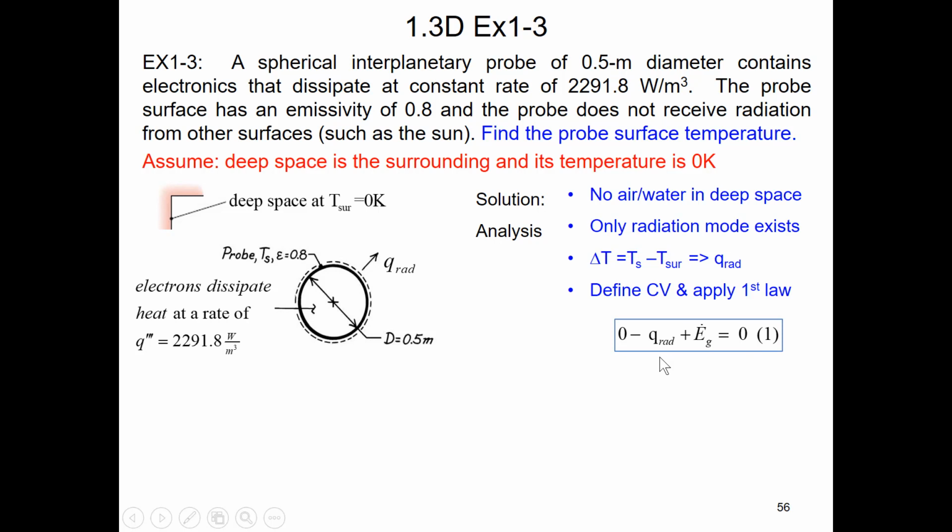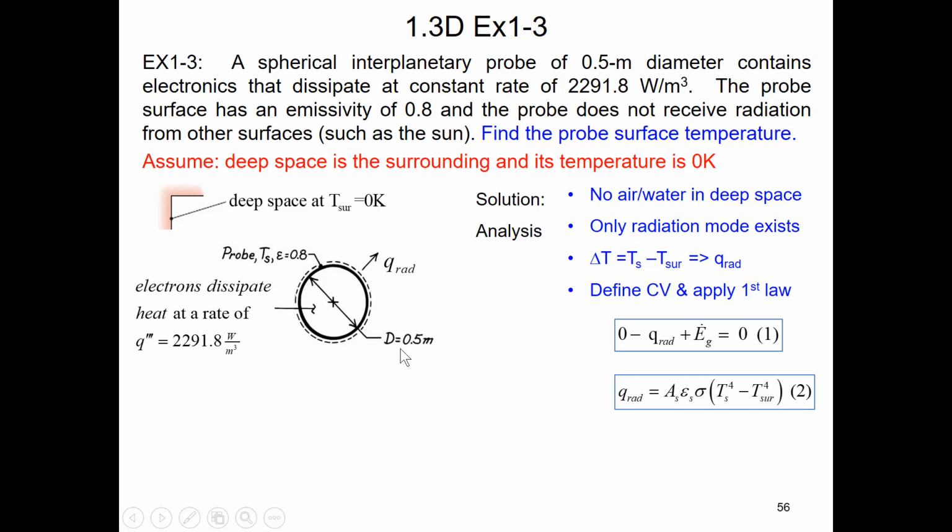Next, we need to select the heat equation for radiation heat rate. Equation 2 represents the radiation heat rate. In this equation, A is the probe surface area.